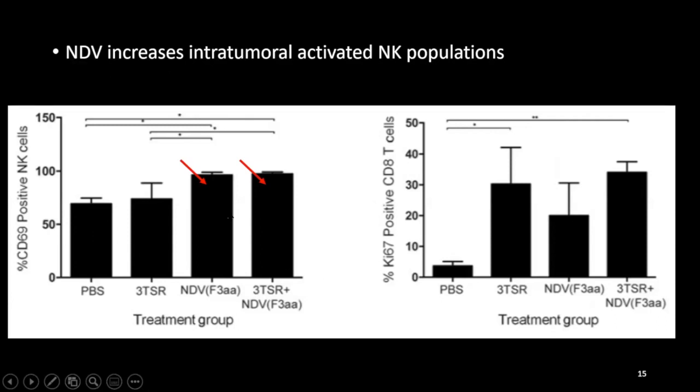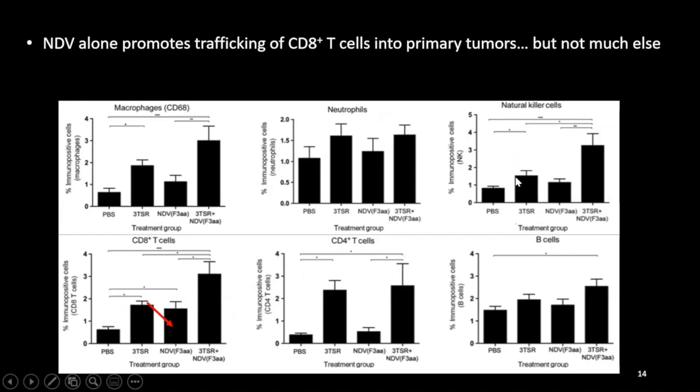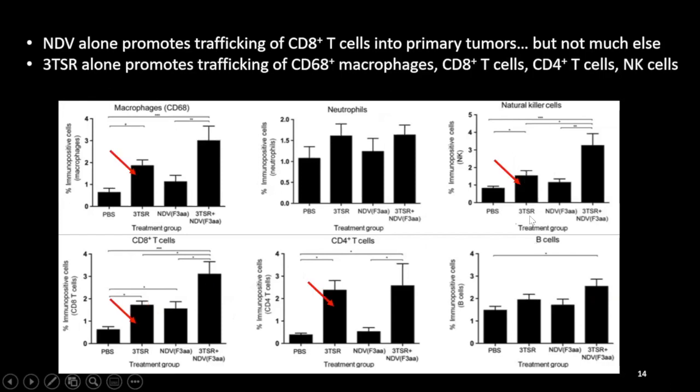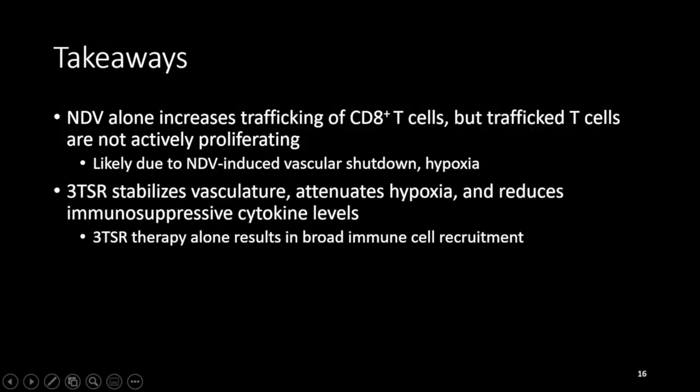Yeah, they show the virus increases NK cell activity, and they also show that 3-TSR can increase trafficking of NK cells, but that these infiltrated NK cells are not significantly more active. And so it would have been important to elucidate whether the same thing is happening in the CD8 T cells, but they don't, so that's unfortunate.